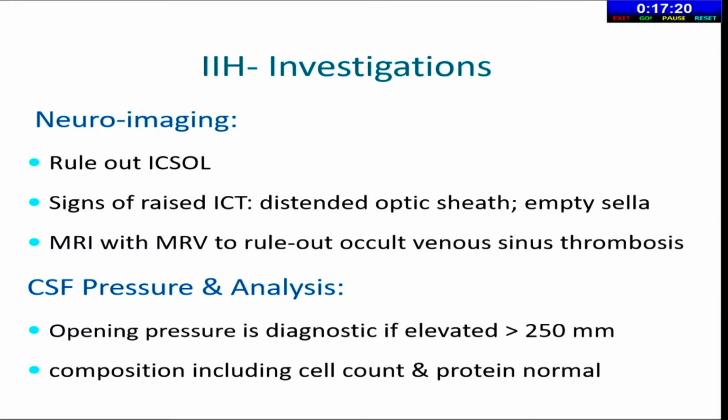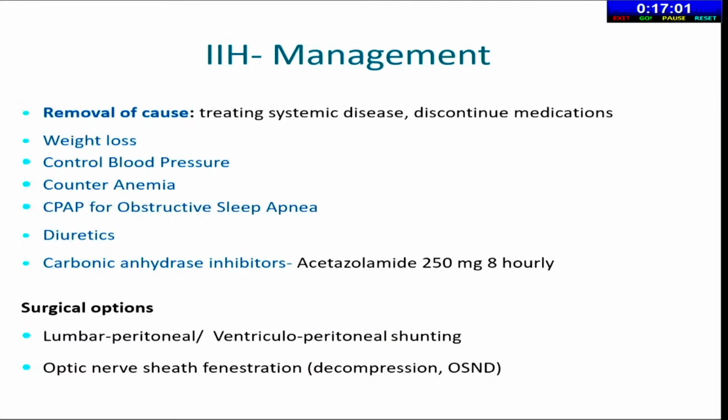Once you have a patient with IIH, an MRI has to be followed with an MRV if the MRI is normal, because venous sinus thrombosis is the other association of papilledema or raised intracranial pressure.